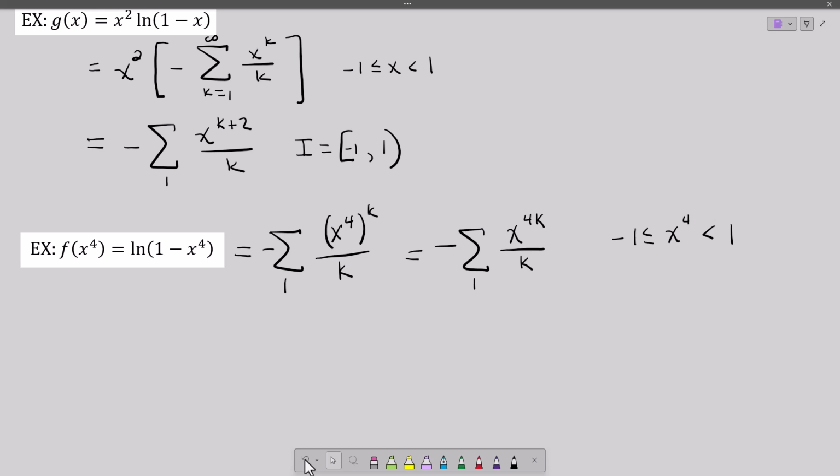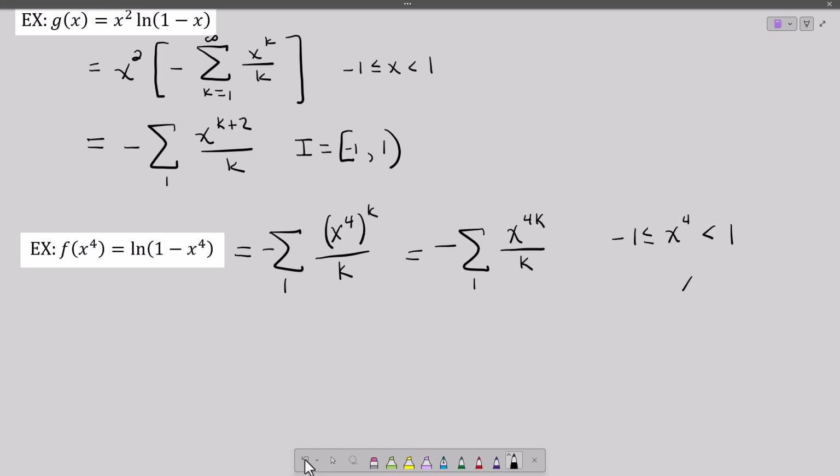Do you agree that x to the fourth is always greater than -1? X to the fourth has an even power. You plug in 0, you plug in 1, you plug in 10, you plug in -5, it does not matter. This is always bigger than -1. So this side of the inequality is always true.